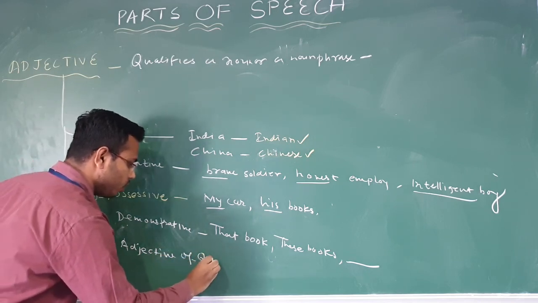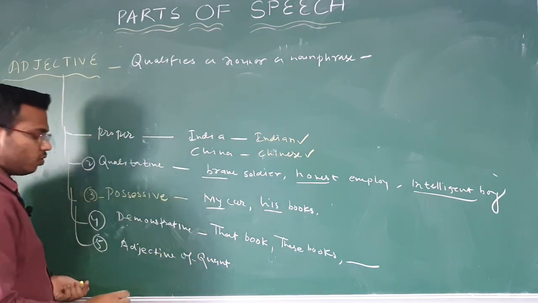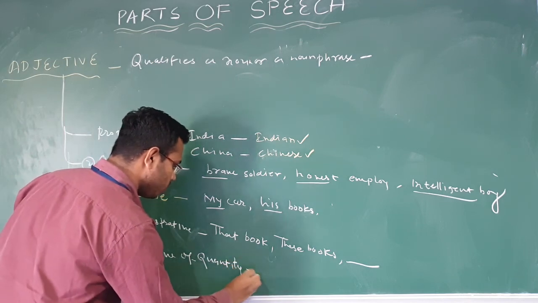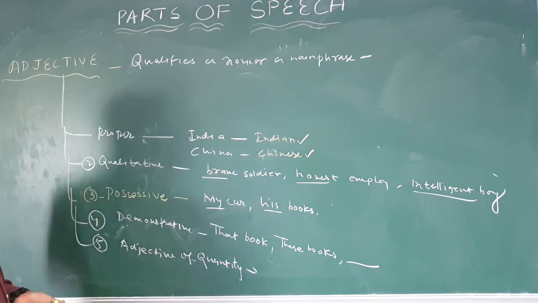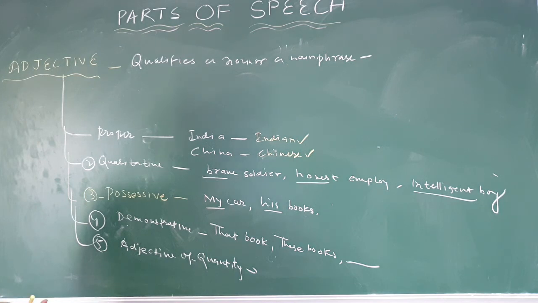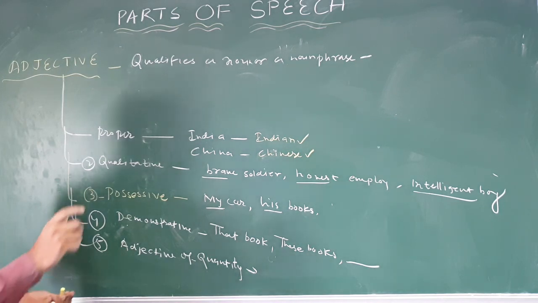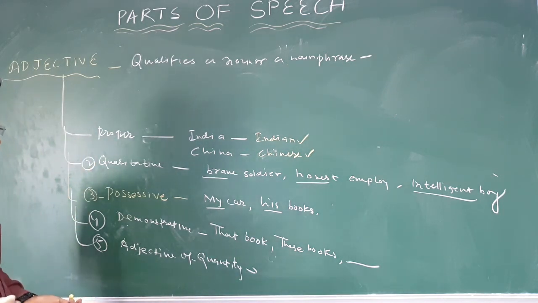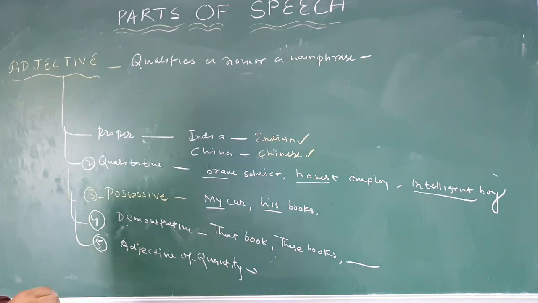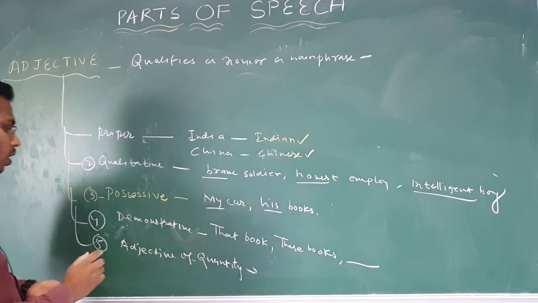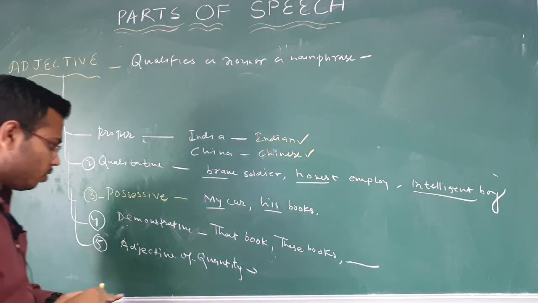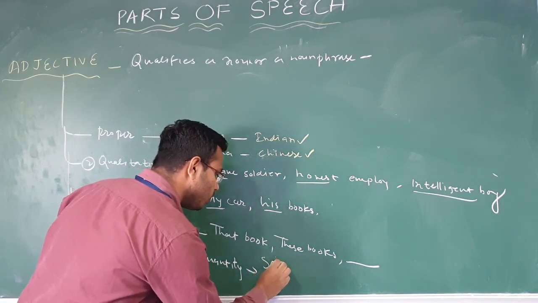Next, we have the adjective of quantity. If you find the answer to the question how much in any sentence, by some words, we can say those words are adjectives, and what kind of adjective? Adjective of quantity. For example, some water.